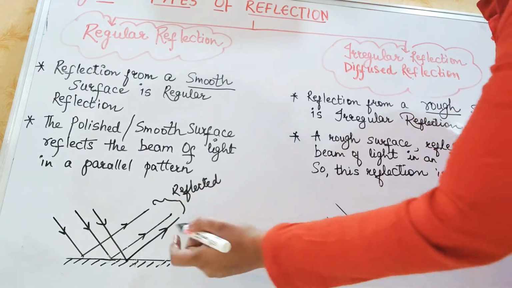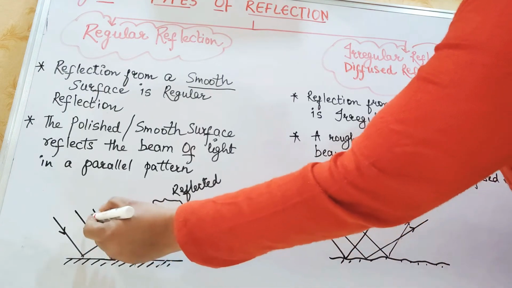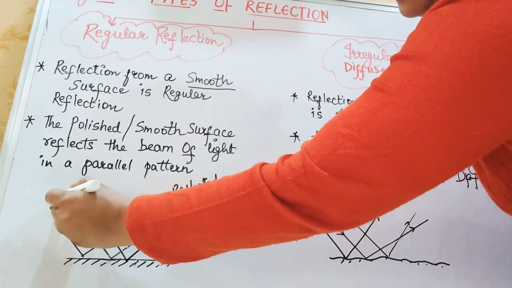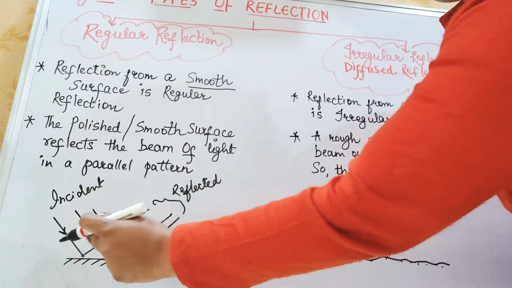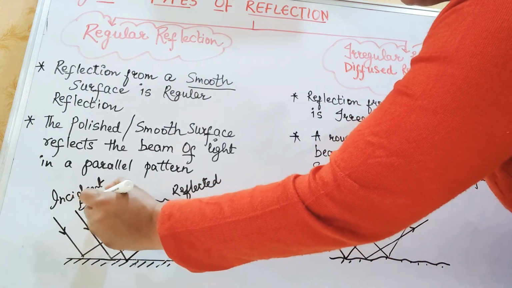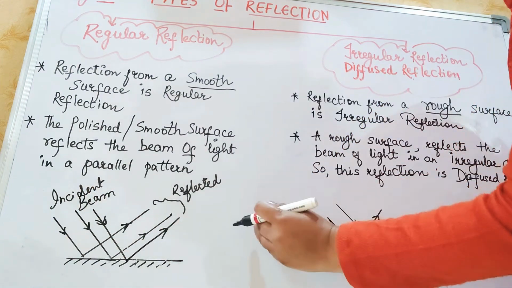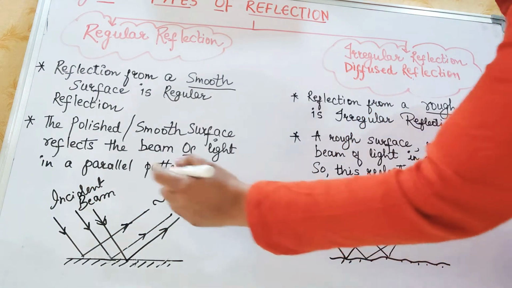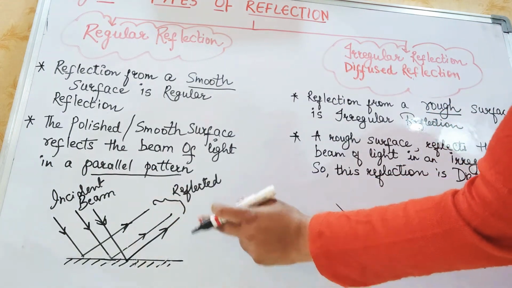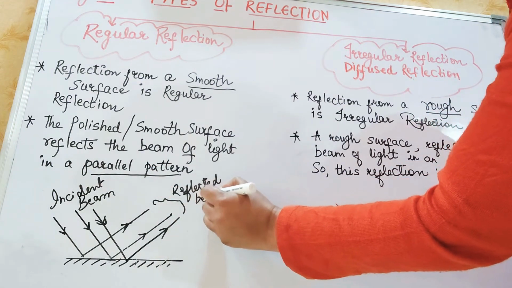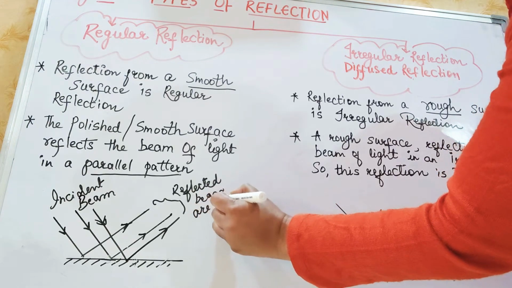This is the reflected light, because the arrow is coming out, and the arrow getting in is the incident beam. Since we are talking about a bunch of rays, we are using the word beam here. So what is a reflected beam? How does it look? It is following a parallel pattern. They are parallel to each other. So reflected beams are parallel in nature.